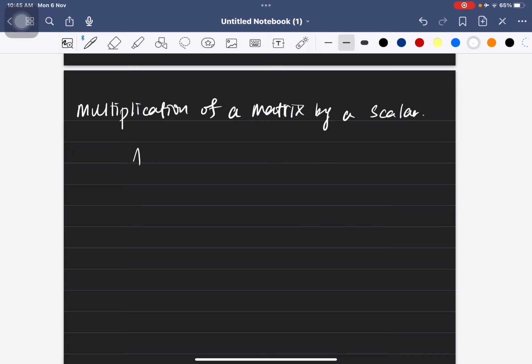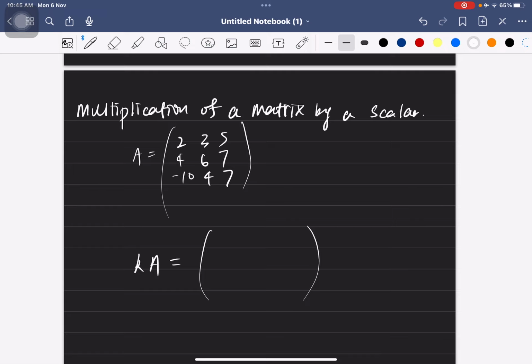For example, if I say A is [2, 3, 5; 4, 6, 7; negative 10, 4, 7], I just give random numbers. If I multiply the whole matrix by a scalar, which just means a constant k, then all the entries, all the numbers in the matrix, are multiplied by the constant k, and you get 2k, 3k, 5k, 4k, 6k, 7k, negative 10k, 4k, 7k.